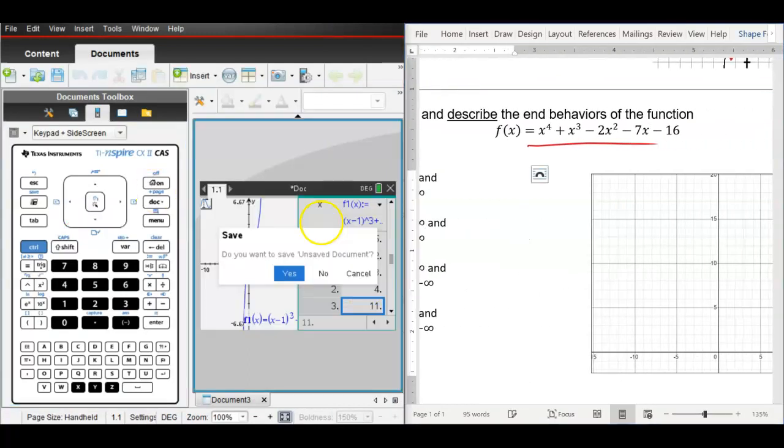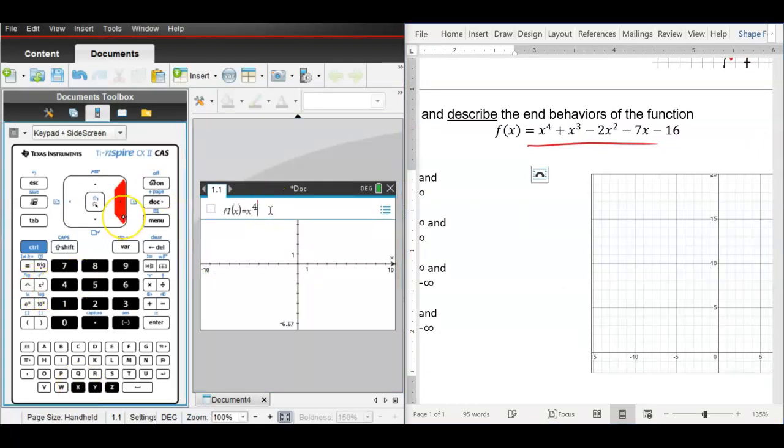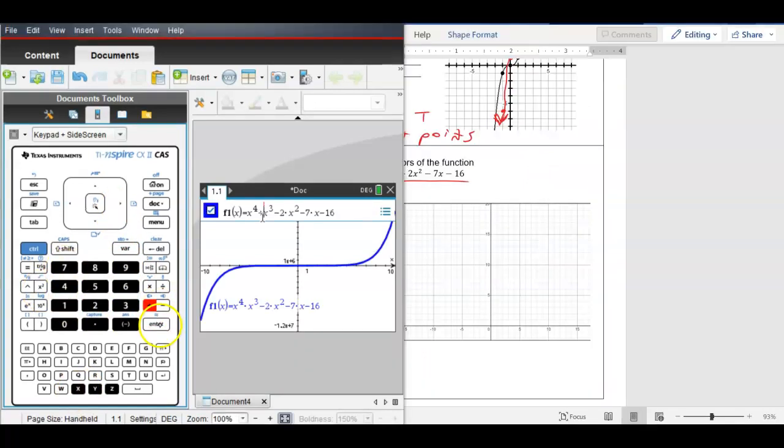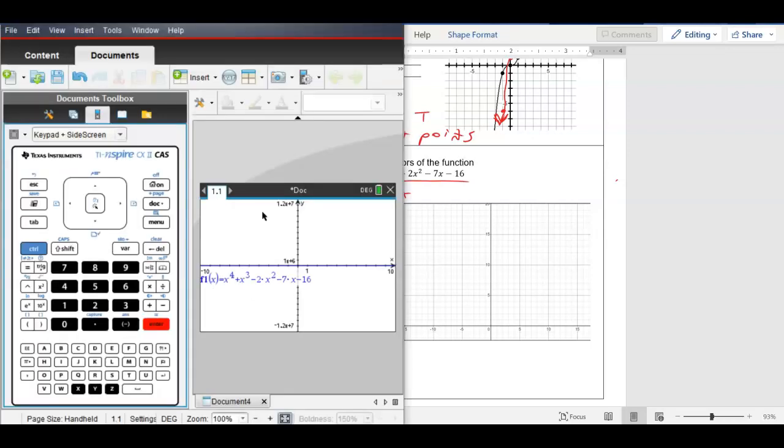So I go to a new graph, don't save, number 2, x to the 4th, x to the 3rd, minus 2x squared, minus 7x, minus. Alright, so when we graph this, to see it, we want to do menu 4, A to zoom in on it.